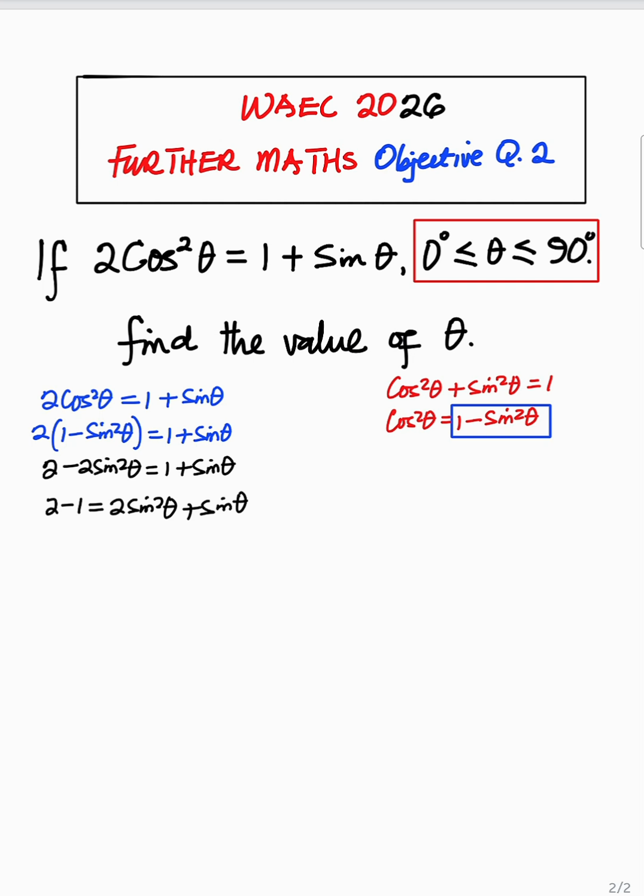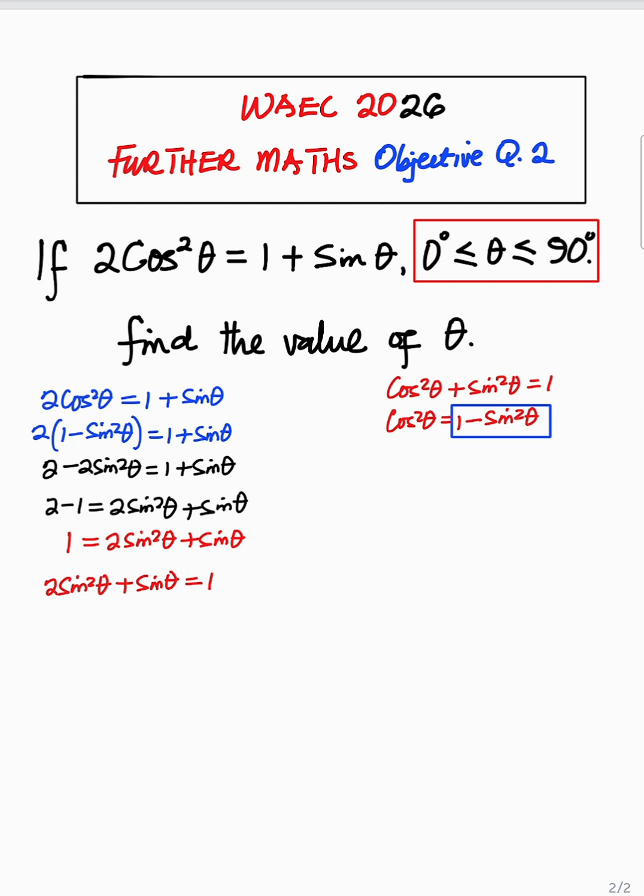So we end up having 1 equals 2 sine squared theta plus sine theta. So let us rearrange this. We have 2 sine squared theta plus sine theta equals 1.